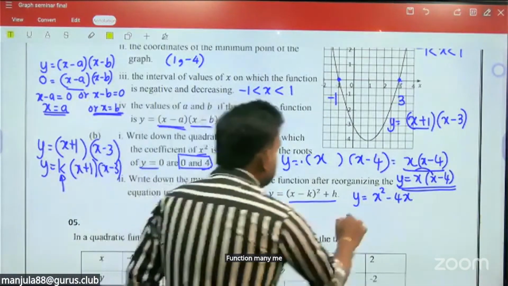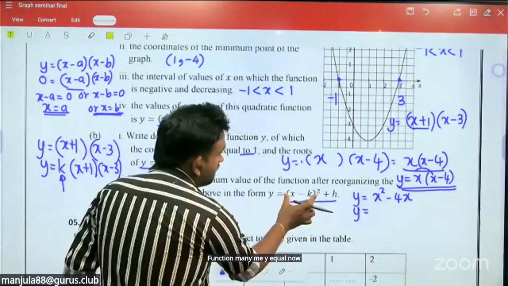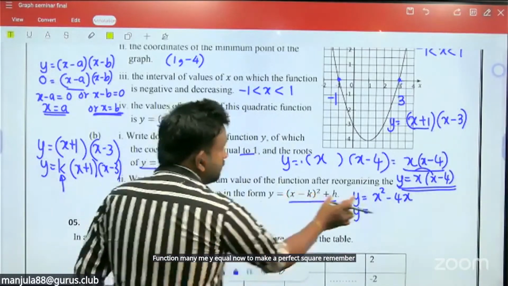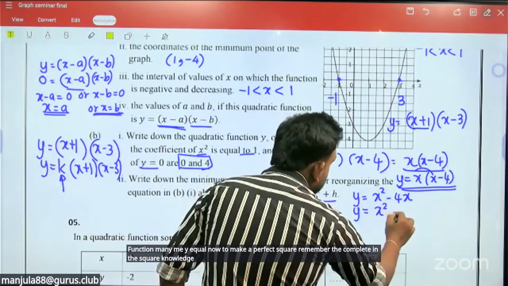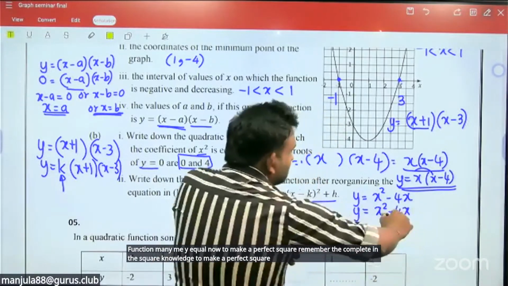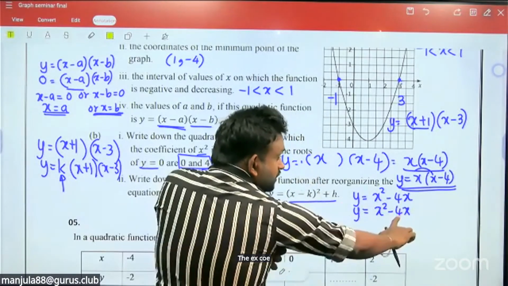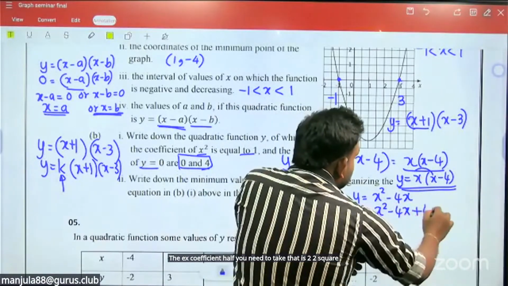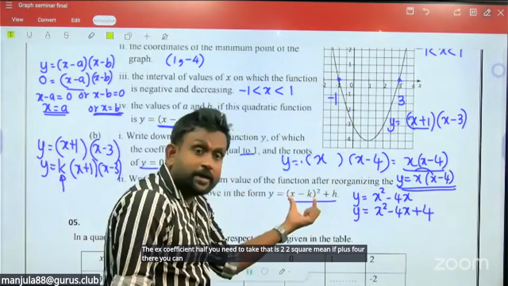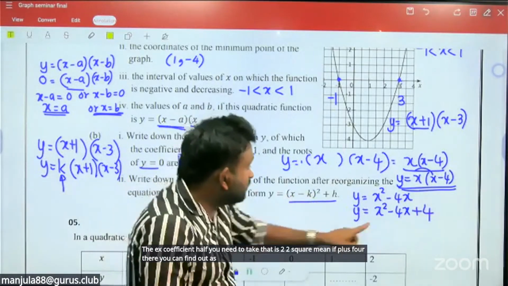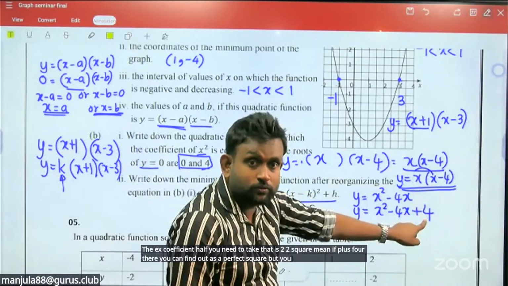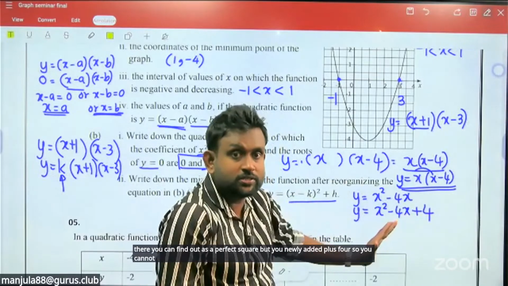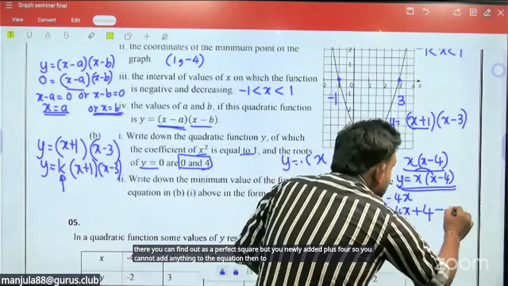y equals, now to make a perfect square, remember the completing the square knowledge. To make a perfect square of x squared minus 4x, the x coefficient, you need to take half, that is 2. 2 squared, if plus 4 is there, you can find it as a perfect square. But since you newly added plus 4, you cannot add anything to the equation. So to cancel it, you just subtract 4.